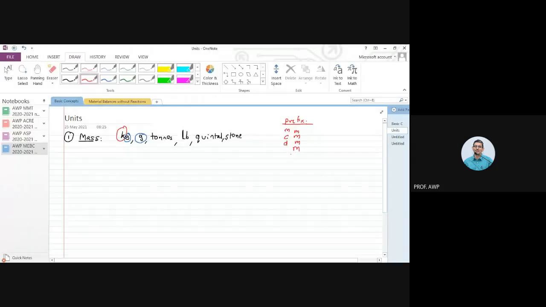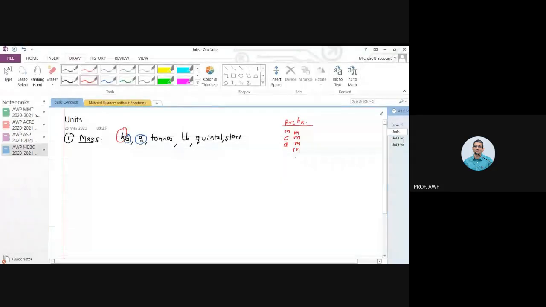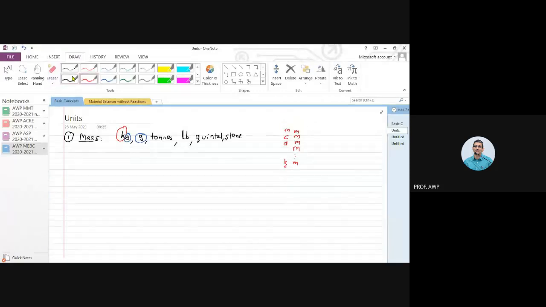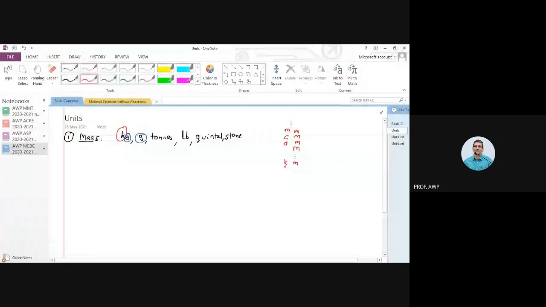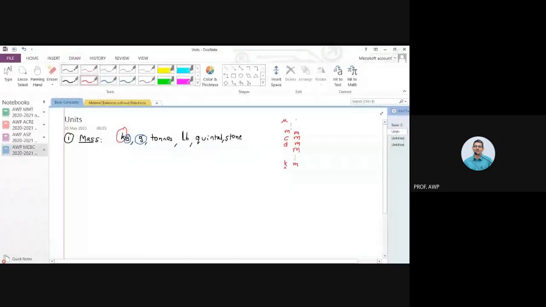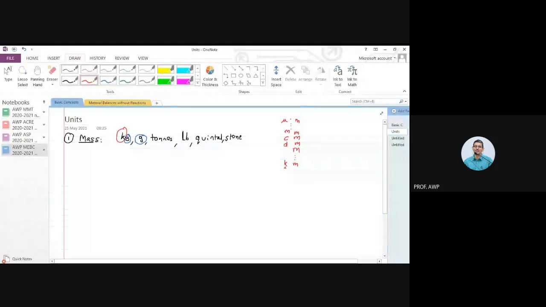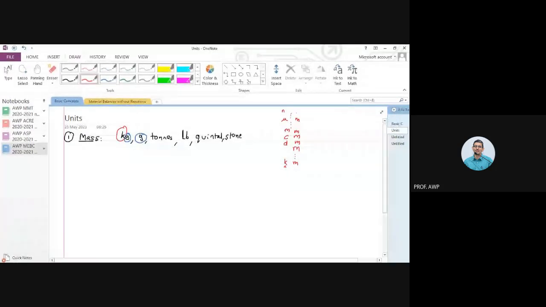Kilometer, kilo is a prefix, and if you want to go even lower, millimeter, then we go 3 steps lower, then we talk about micrometer, then we still go 3 steps lower, we call it nanometer.